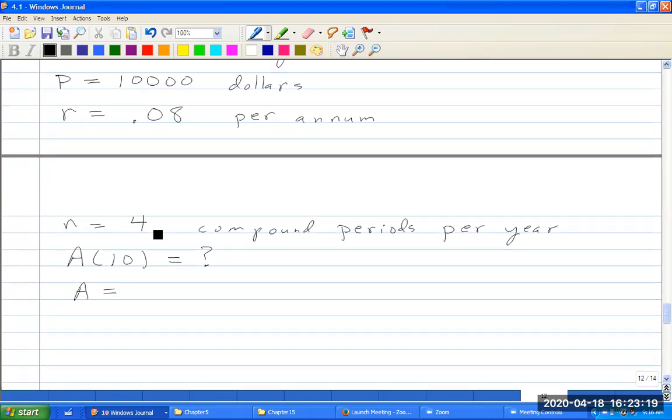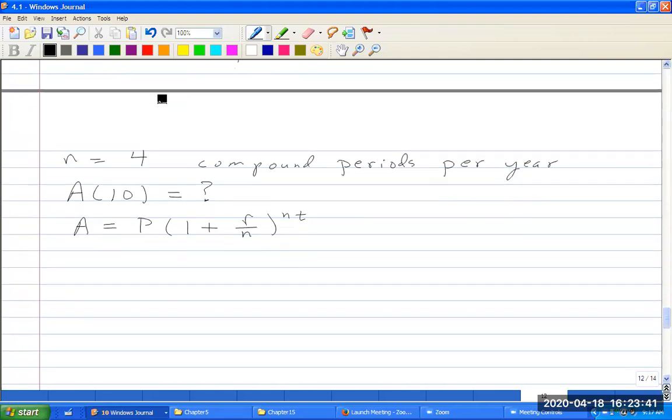Okay, so the compound interest formula is just P times (1 plus R over N) to the NT. Let's plug in the above data into this formula.